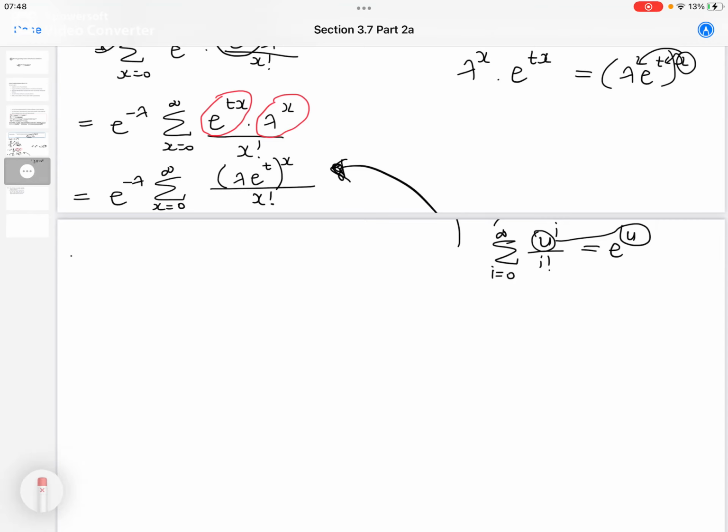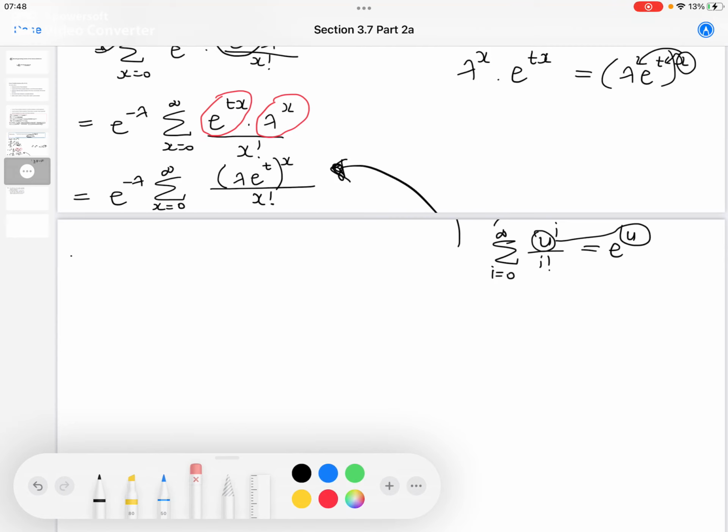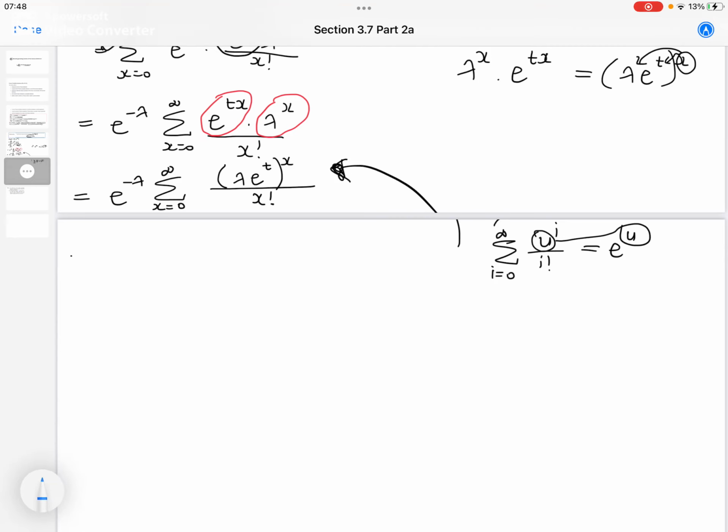Okay, so let us look at some of the similarities. We have the sum of x equal to 0 to infinity. Okay, x equal to 0, i equal to 0, yes. And then both summations go to infinity, yes. And then we have in the numerator lambda e to the power t, to the power x, and we have x factorial.